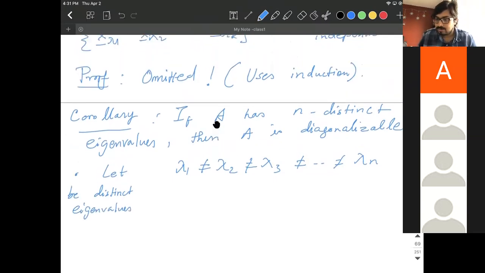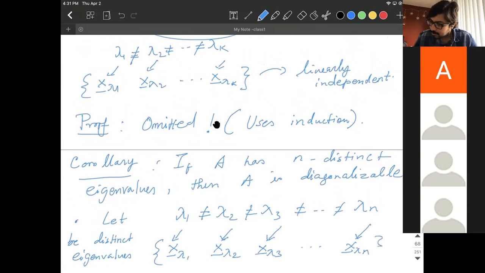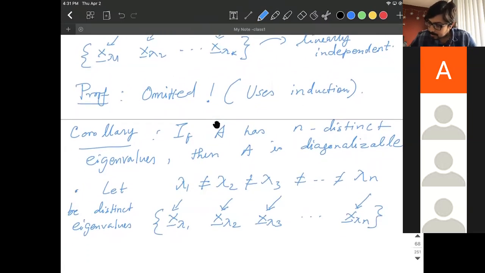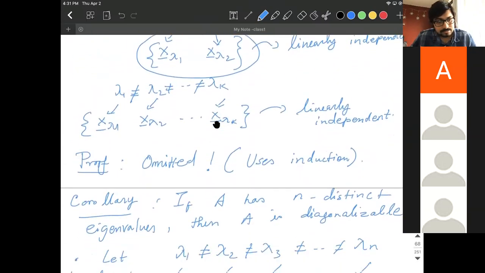Okay, so then how can you use this fact? Collect one eigenvector from each eigenvalue. So this is a set consisting of n vectors, or n eigenvectors. Now, what does this fact tell you?